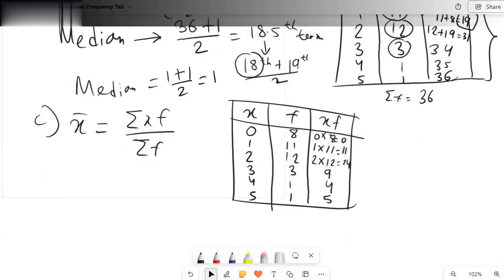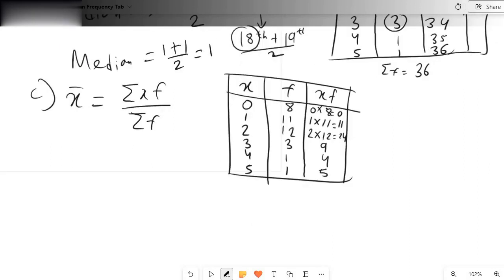We can find the summation of the xf values by adding them. So the summation of xf is going to be 0 plus 11 plus 24 plus 9 plus 4 plus 5. Adding all of those, we get a value of 53.